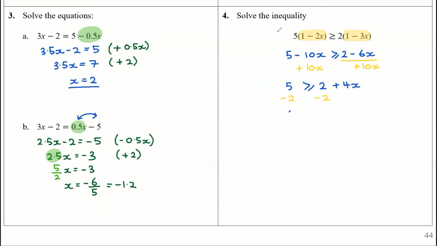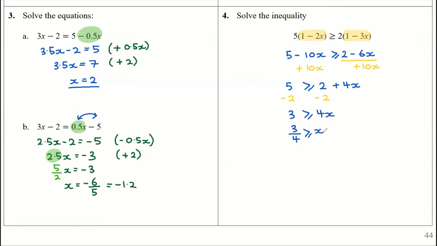So that's going to give me 3 greater than or equal to 4x. Okay, and dividing through by 4, we get x is less than or equal to 3/4.